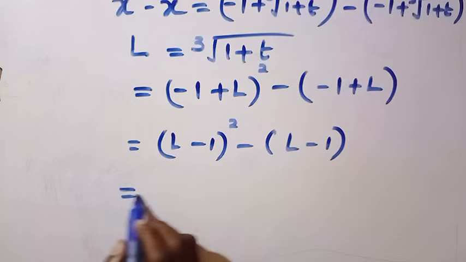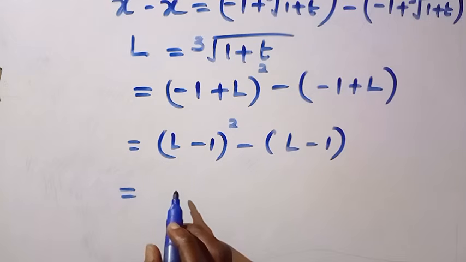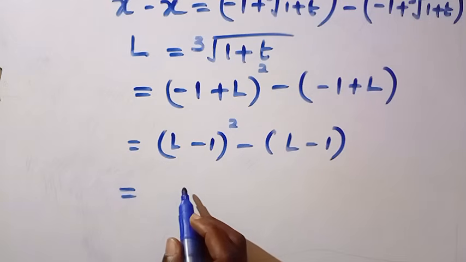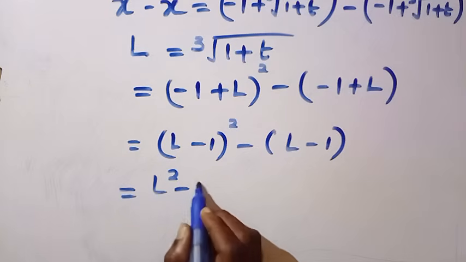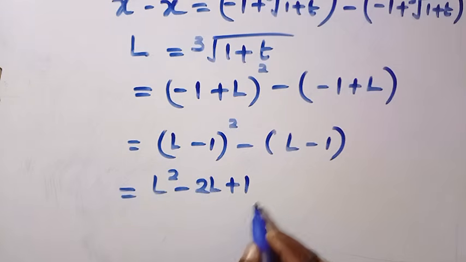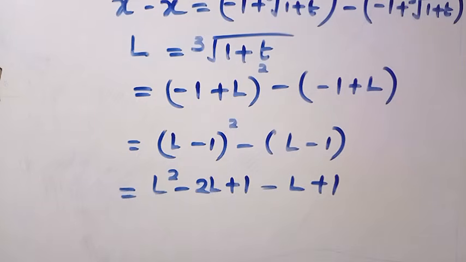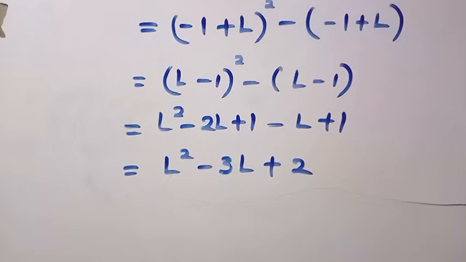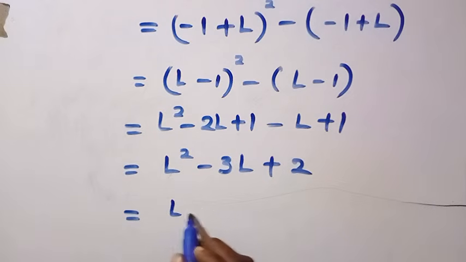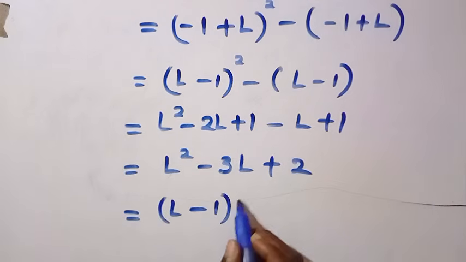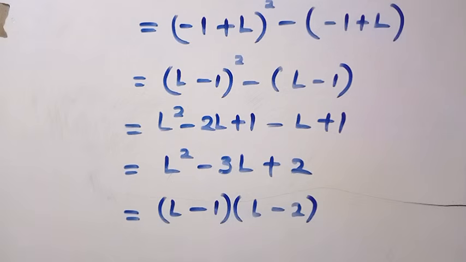Expanding, we get L squared minus 2L plus 1, then minus L plus 1. So we have L squared minus 3L plus 2, which we write as (L minus 1)(L minus 2).